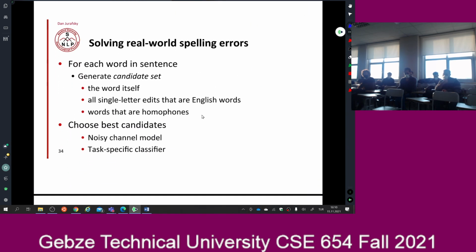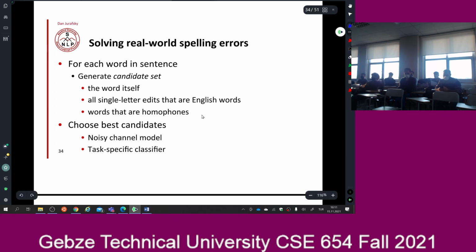Okay. For each word in the sentence, generate a candidate set. I know that all the words in my sentence are correctly spelled, but one of them or some of them may not be correctly written there. So for each word in the sentence, generate a candidate set. Don't forget to put the word itself in it too, okay? So the word itself might be the correct word too.